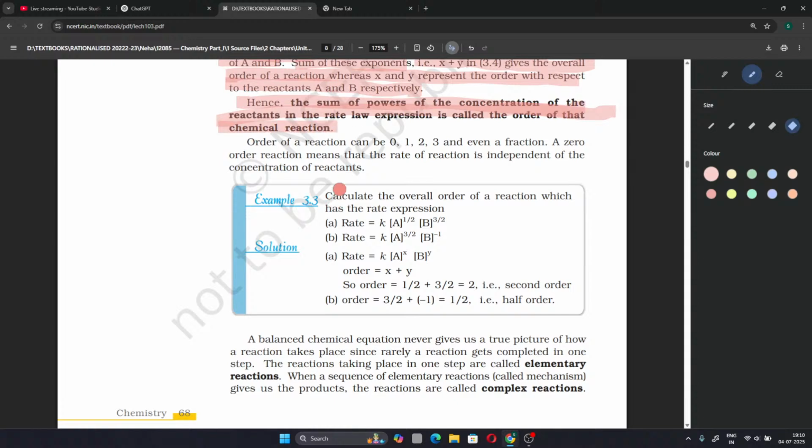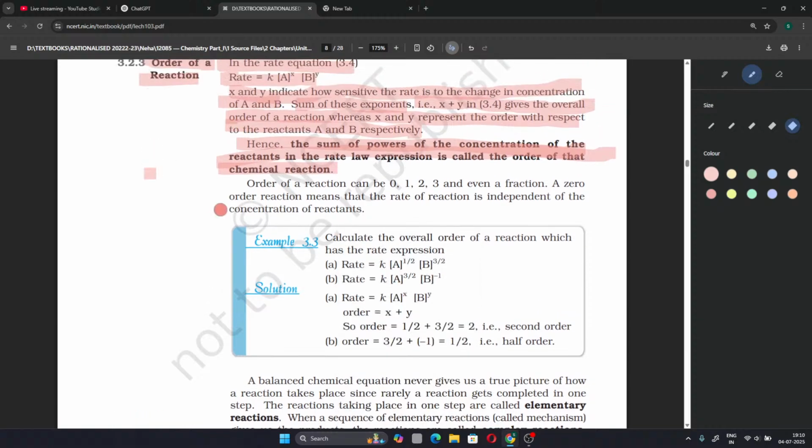Basically, they are saying the sum of the exponents of the concentration of the reactants in an experimentally proven rate law expression gives x plus y, the total order of the reaction.